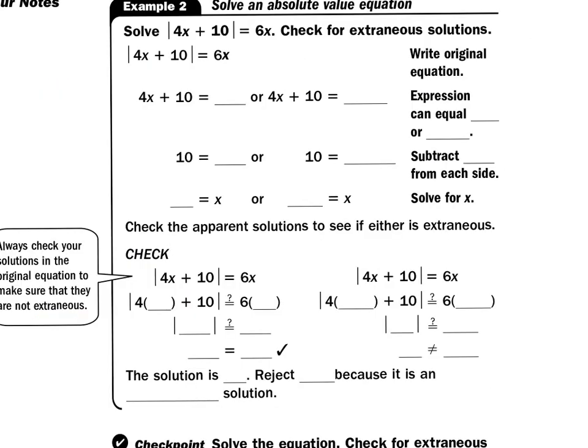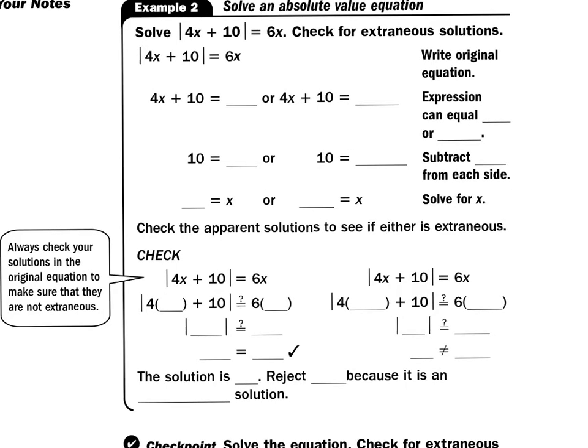Okay, go ahead and skip the bottom part of the first page. Go ahead and go to example 2. We're going to solve this equation. It says to be sure to check for extraneous solutions. So I'm going to draw up the absolute value, and I'm going to have a positive answer, 6x, or a negative answer, negative 6x.